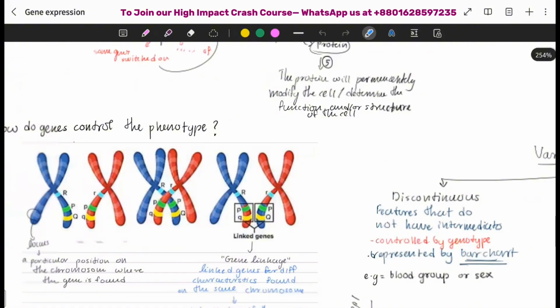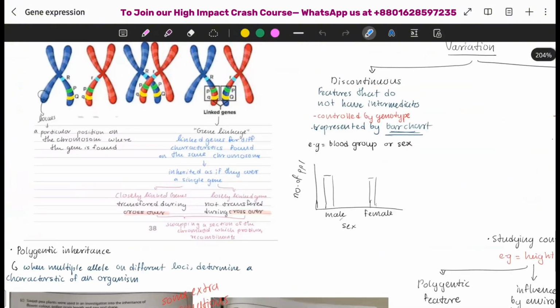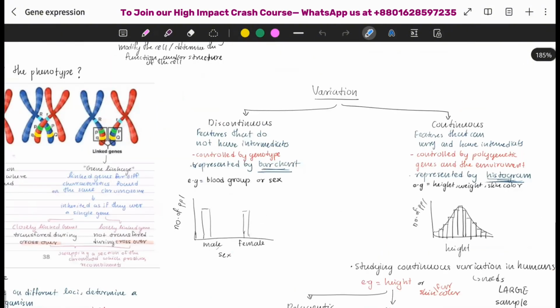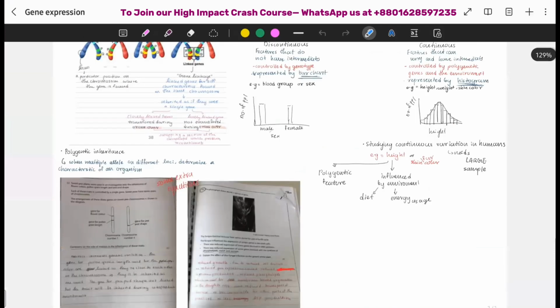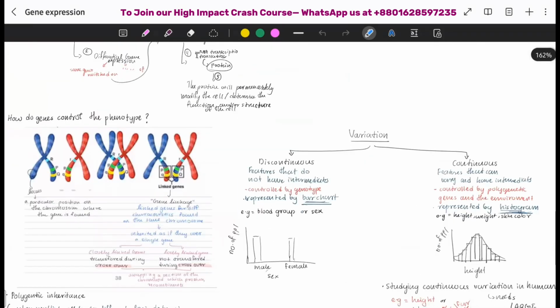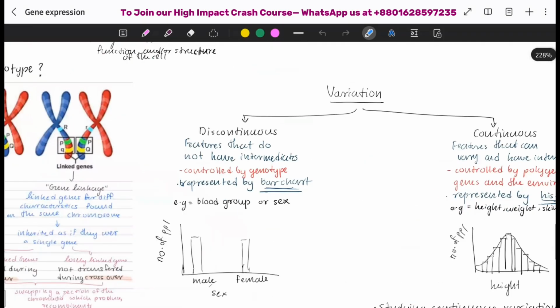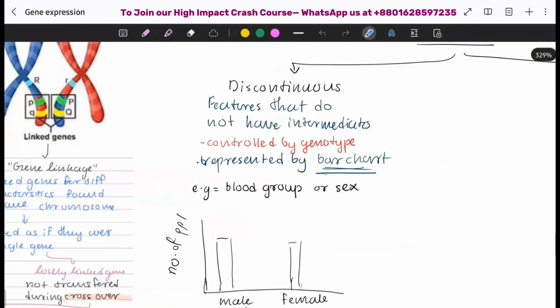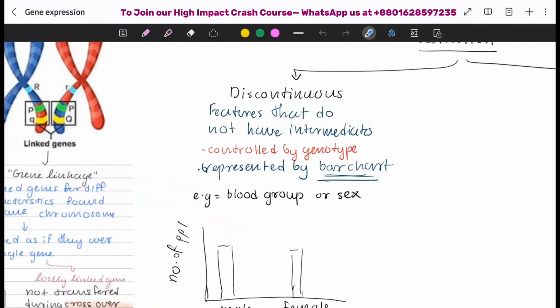And for variation, we know there are two types: continuous and discontinuous variation. For discontinuous variation, there are no intermediates, so it has specific characteristics. It could be gender or blood group.